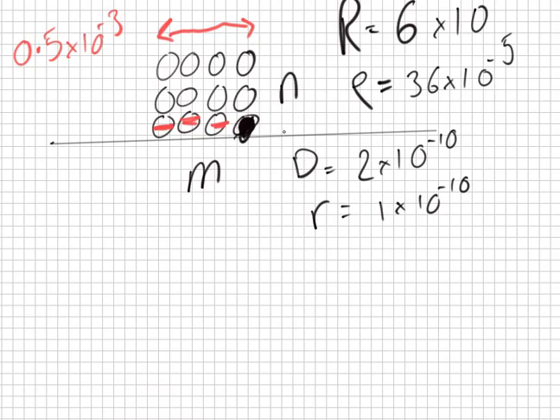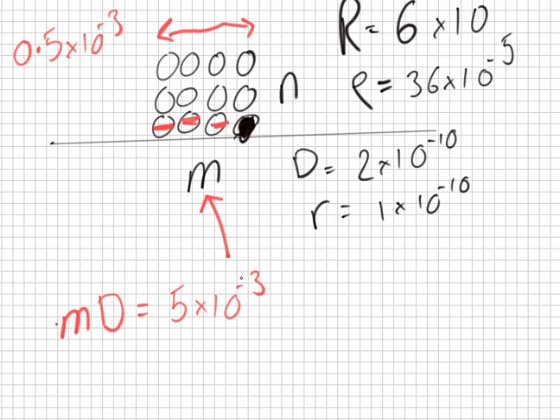How many diameters do I have horizontally? I said m. I don't actually know, m. So I have m diameters horizontally. So I know m multiplied by d should equal 5 times 10 to the minus 4.